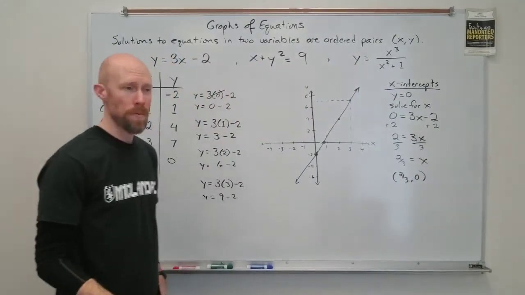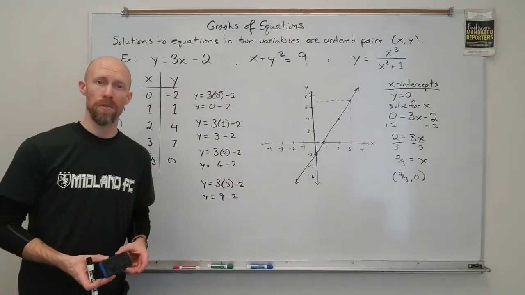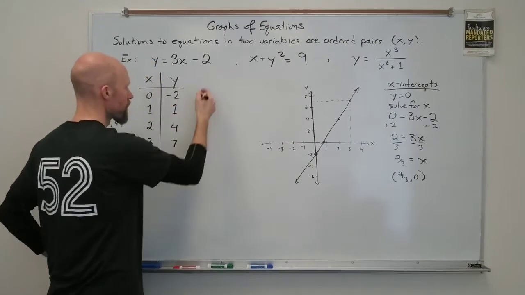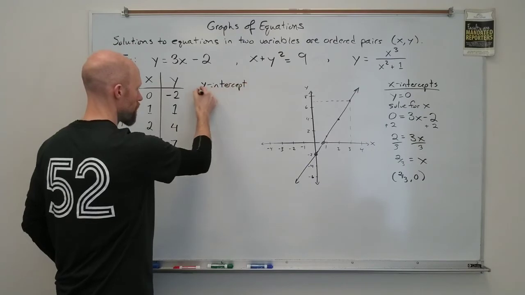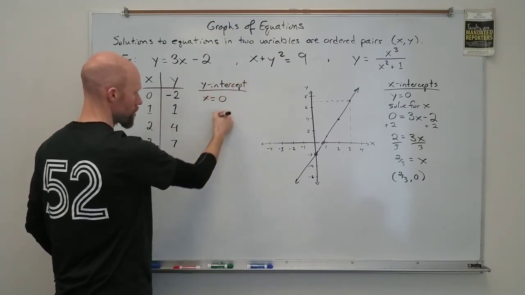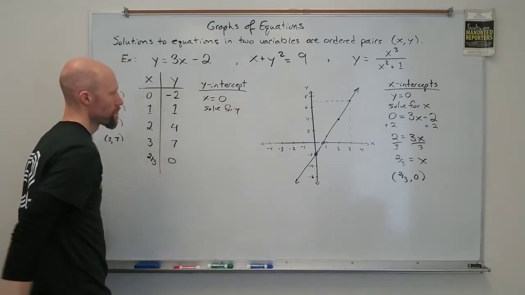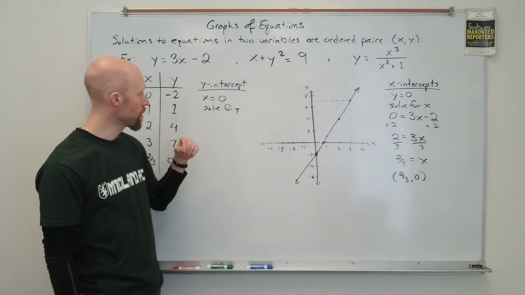The y-intercept is found in a similar way. You just plug the 0 in for the x value, which we've actually already done. So for the y-intercept, that's going to be the point where the x value is 0, and you then correspondingly solve for y. Okay, you always set the opposite variable equal to 0 to get the intercept.